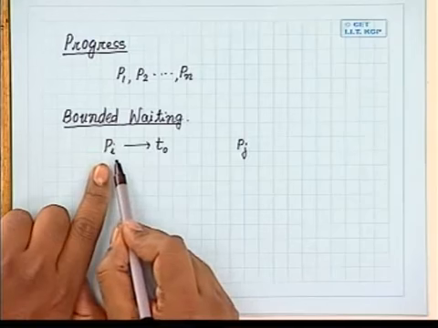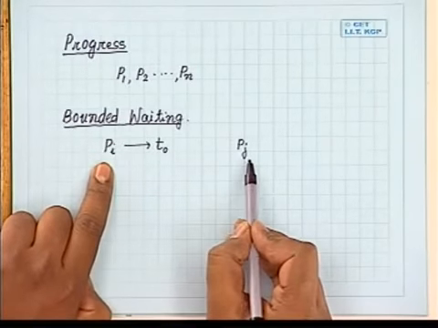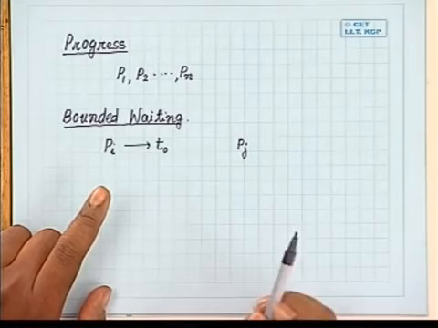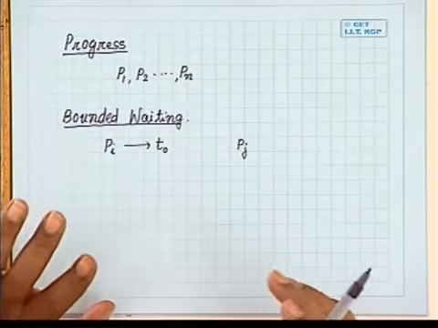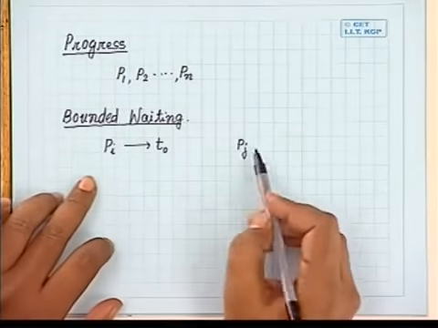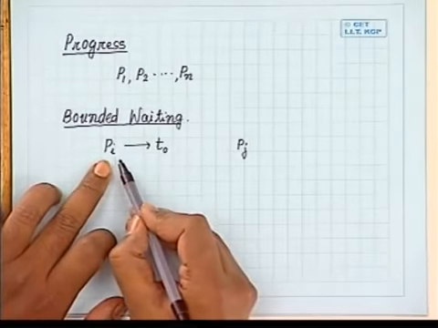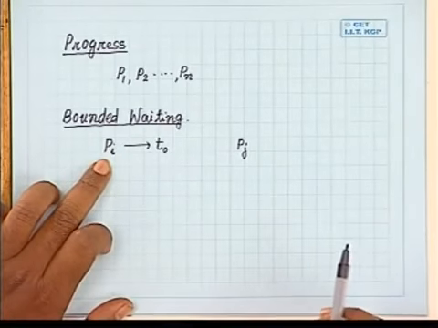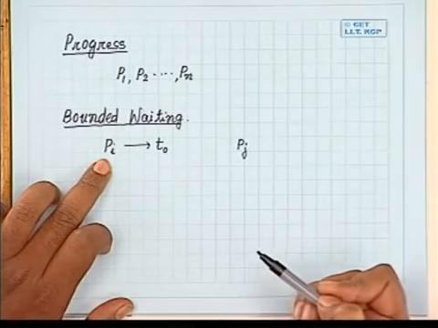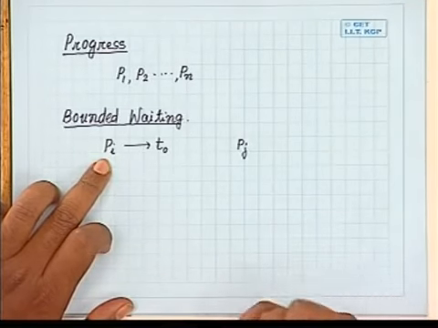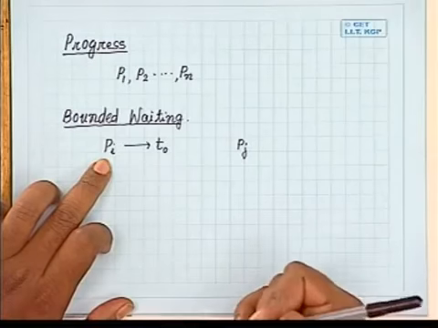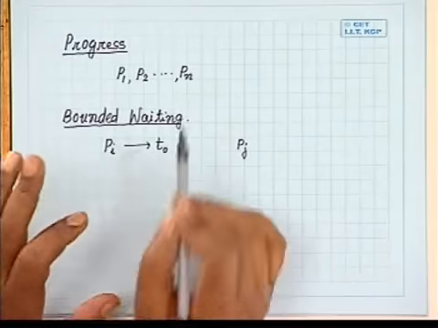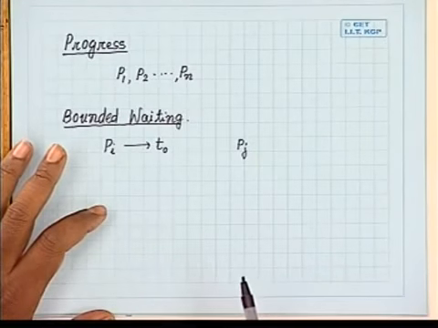So now I have a situation that Pi and Pj, both of them are in the same state because both of them want to enter the critical section. Now the scheduler has to decide which one will enter the critical section, right? So it may so happen that instead of Pi, it is the process Pj which enters the critical section again. And this may go on indefinitely. That is, Pj comes out of the critical section, enters again, comes out, enters again, and Pi is kept on waiting for entry into the critical section.